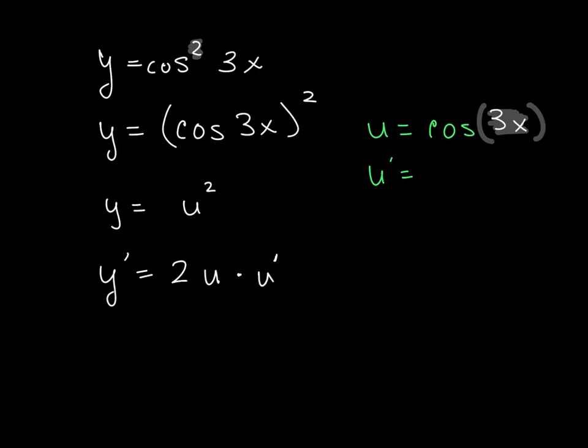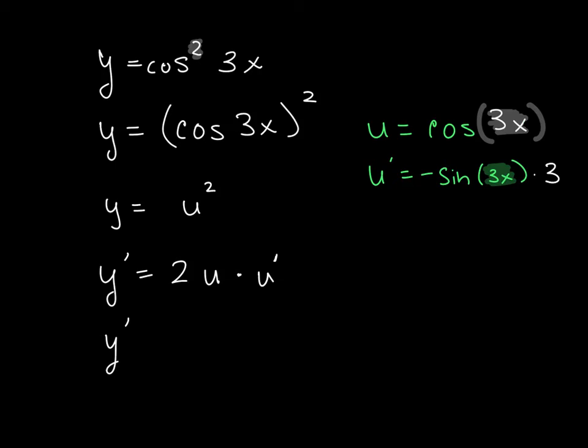This is an example of the double use of the chain rule. So what you're doing here is you take the derivative of the cosine, which is minus the sine of 3x. Again, the inside stays the same. Now I take and multiply that times the derivative of that argument, which in this case, again, is times 3.